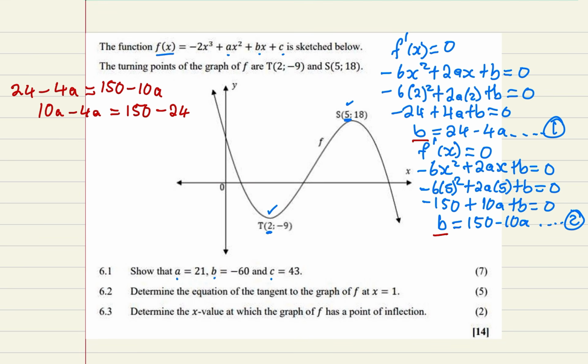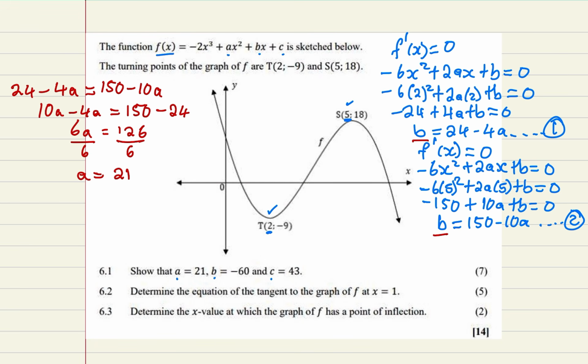This will be 6a, and 150 minus 24 gives 126. Then you divide by 6, so our a is positive 21.